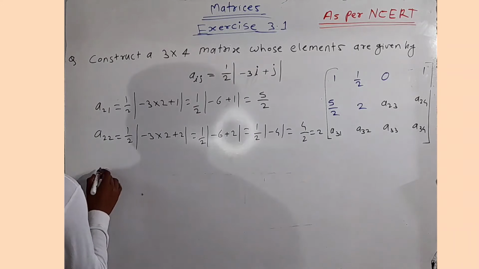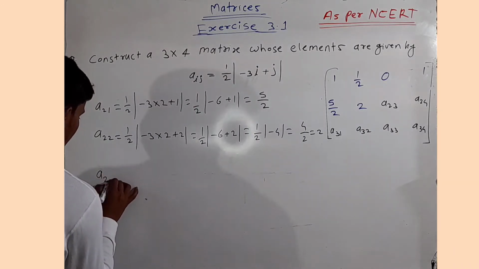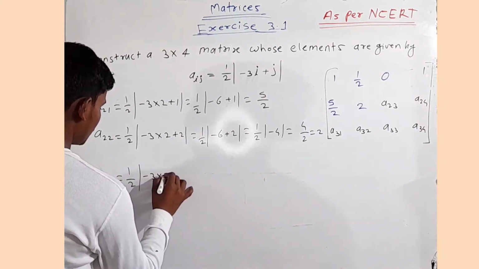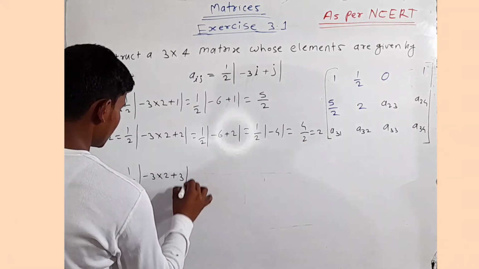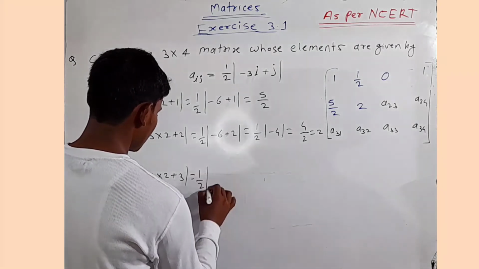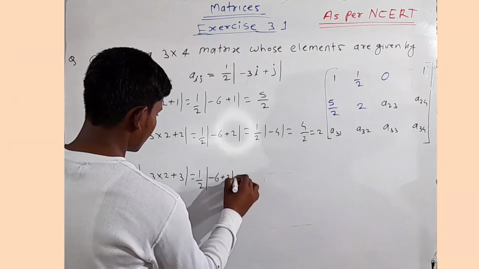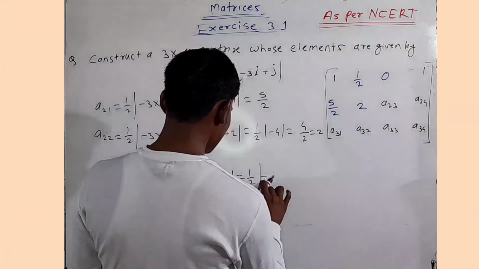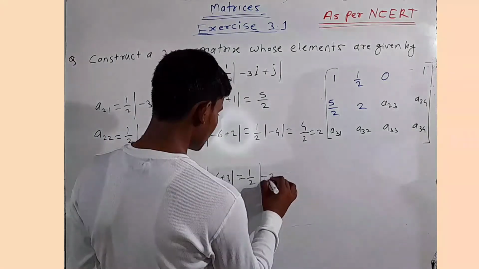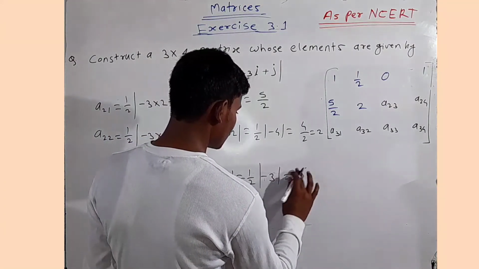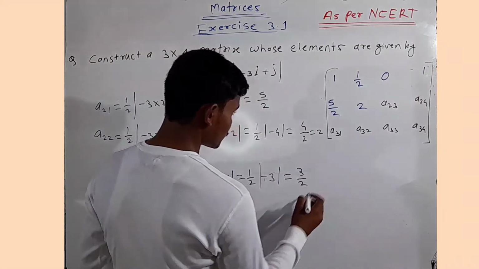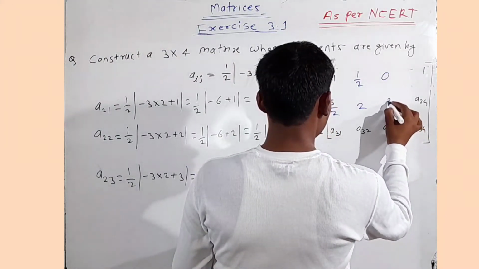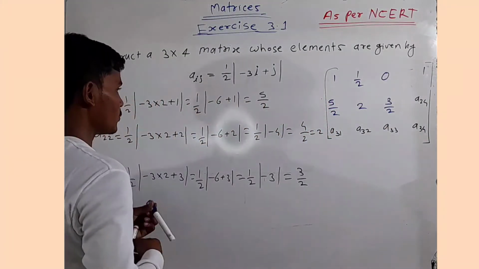Then next, A23 is 1 by 2 minus 3 into 2 plus 3 equals 1 by 2 minus 6 plus 3, which is equals 1 by 2 minus 3, which equals 3 by 2. The value of A23 is 3 by 2.